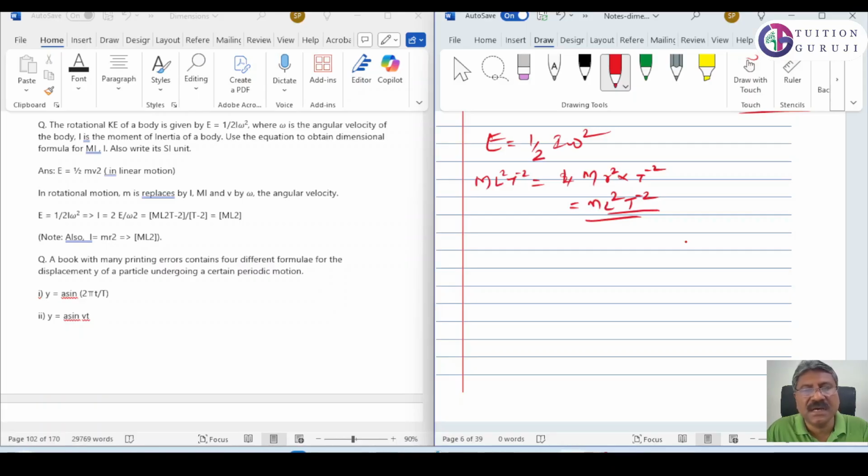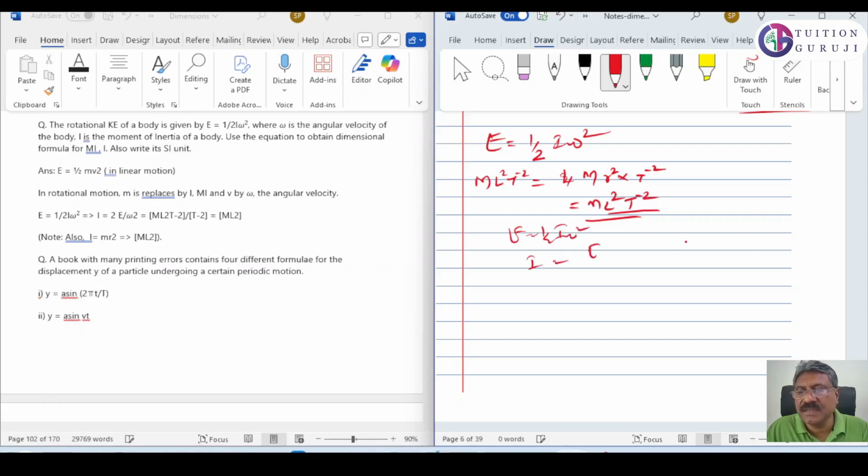Rotational kinetic energy is half I omega squared. Here I is the moment of inertia. Therefore, the mass is replaced by moment of inertia and the linear velocity v is replaced by omega, the angular velocity. So E is equal to half I omega squared.